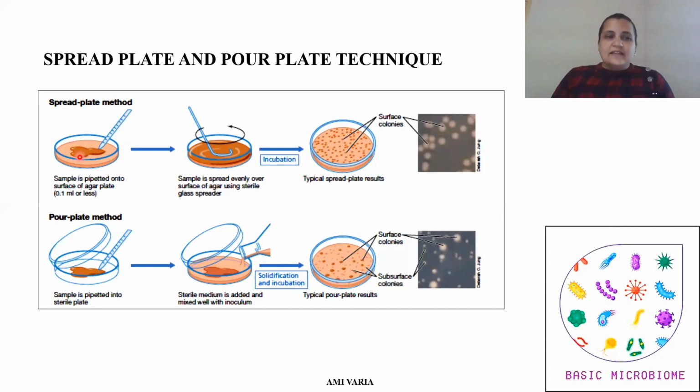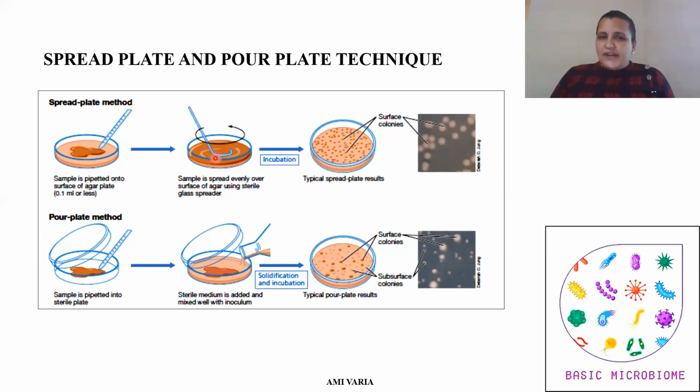We take that aliquot on the ready-made culture plate, then spread it with a sterile glass rod. How can we sterilize this glass rod? We can dip it in 70% alcohol, then flame it. In this way we sterilize the glass rod and then spread evenly over the whole plate.